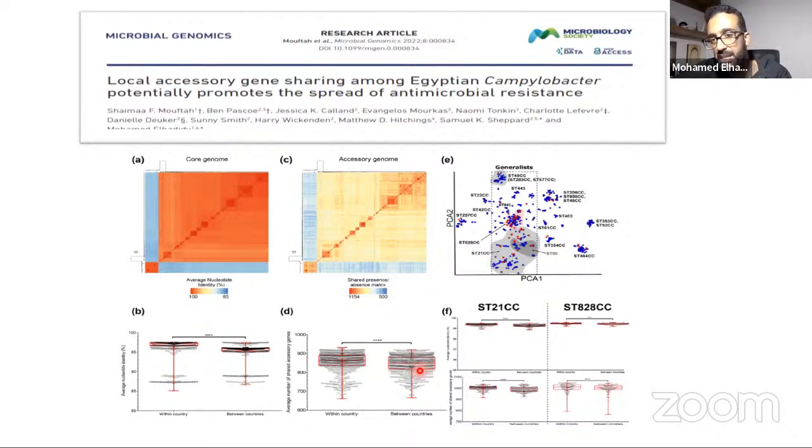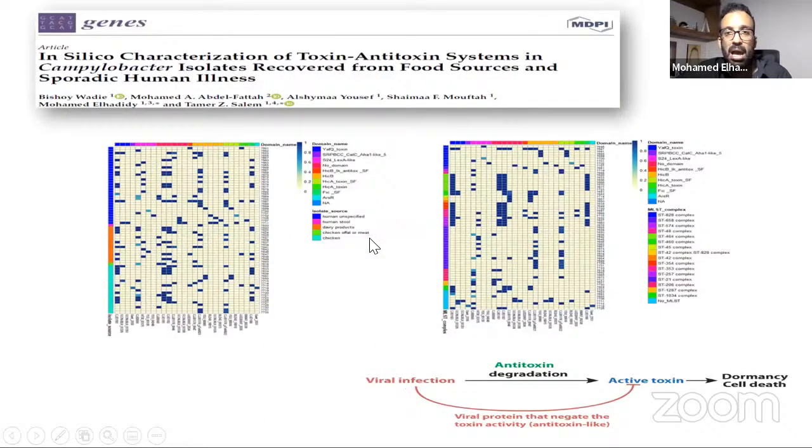That supports our hypothesis that, with the selective pressure of using antibiotics, there might be more acquisition of accessory genome among Egyptian isolates as compared to the global ones, especially as the antimicrobial resistance rates of the Egyptian datasets were significantly higher than among the global datasets as well.